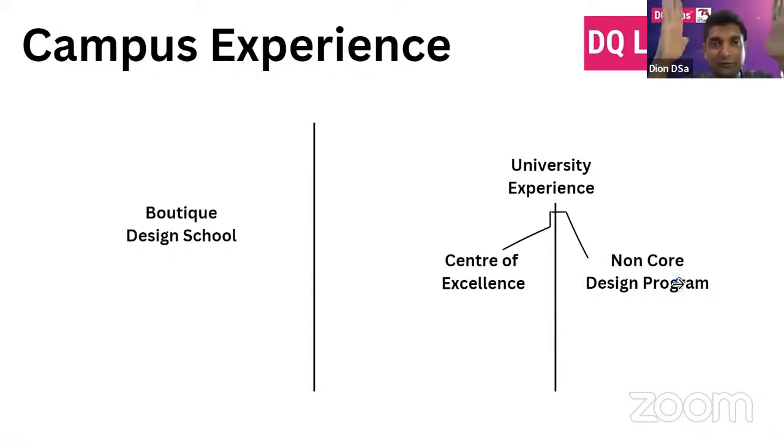Maybe their priority program is engineering or law or maybe liberal arts, something else, right? But not design. That's their priority. That's where all the funds are coming in, and these are just add-on programs just to cover a range, right? So that's the idea of these schools.